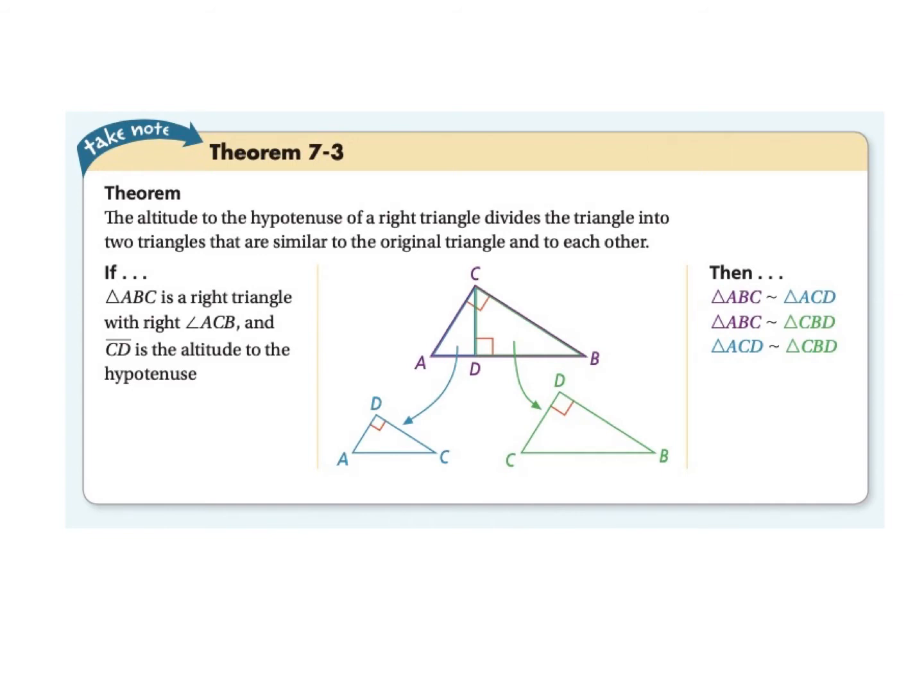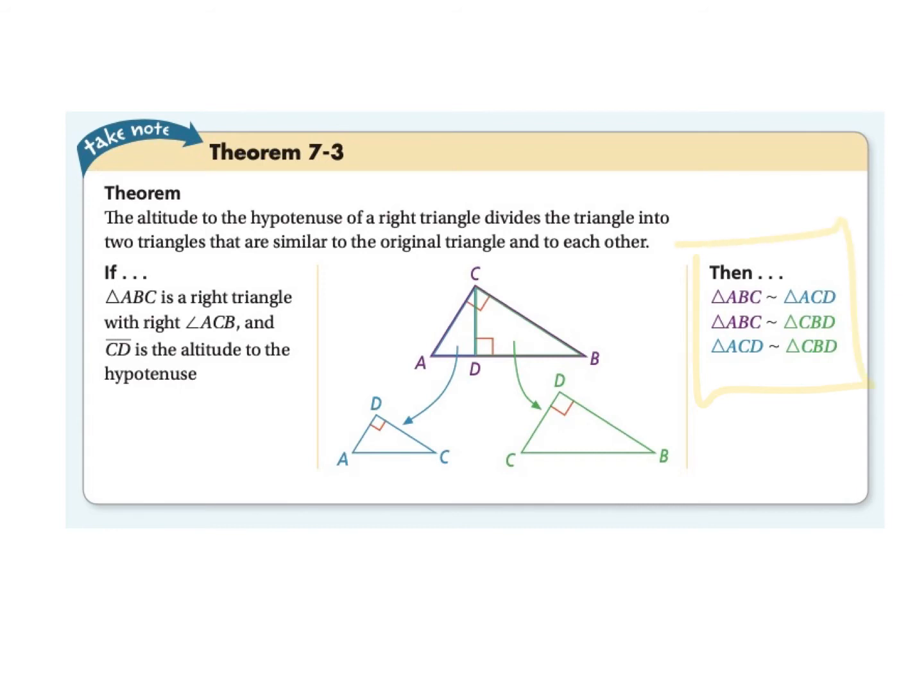That altitude allows us to know that there are two triangles that are similar to the original triangle and to each other. So this altitude divides it into two other triangles that are similar to the original one. Over here you have the three similarities.